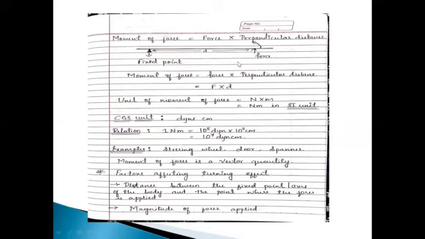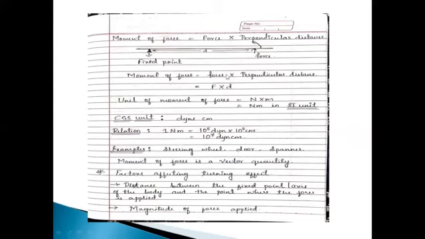This is caused due to moment of force. This is the fixed point, and this is the distance between the applied force and the fixed point. When you apply force here, the body starts to rotate.